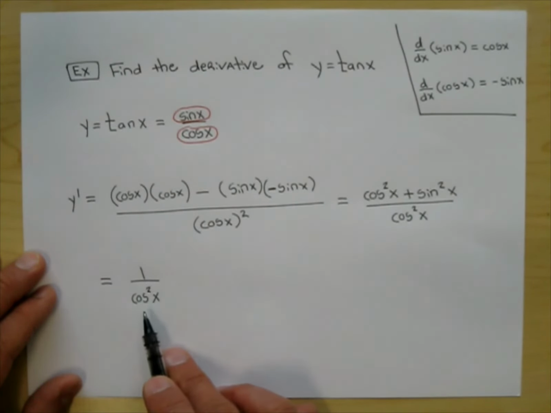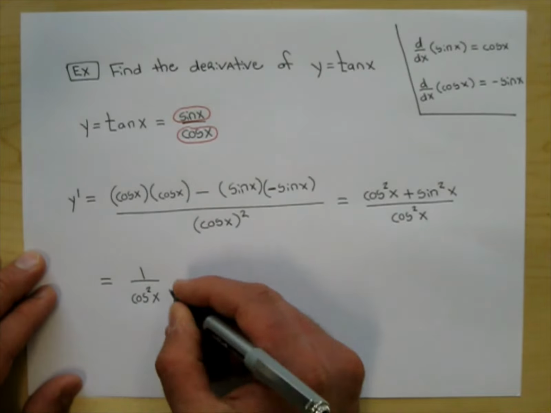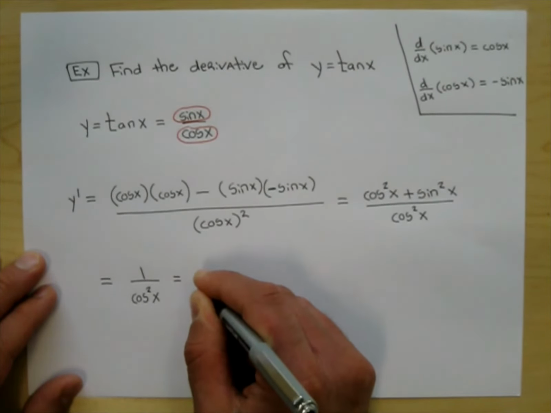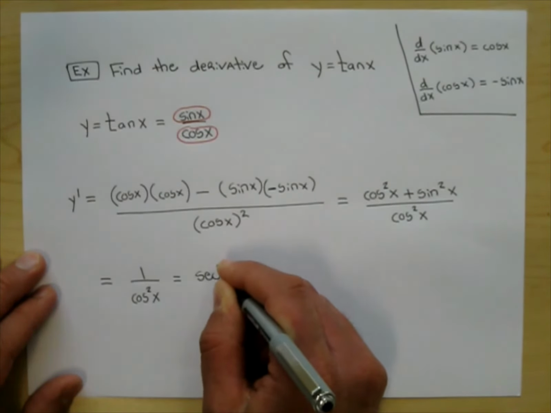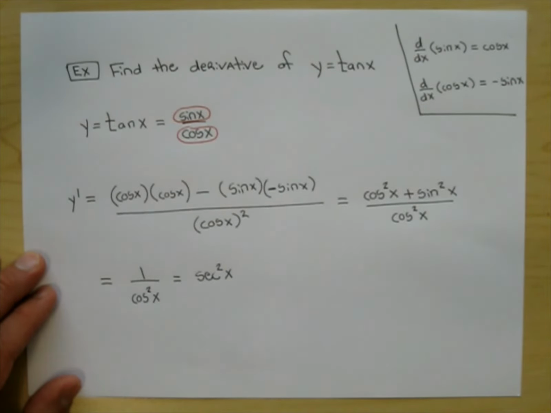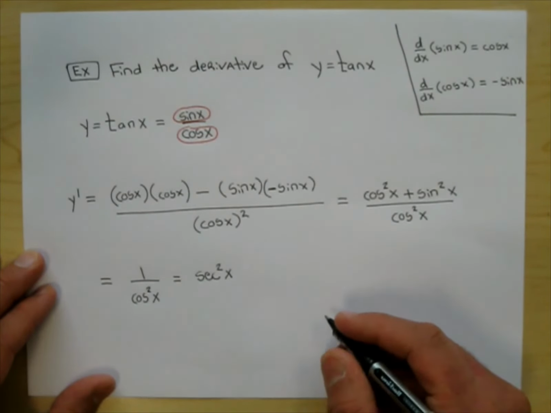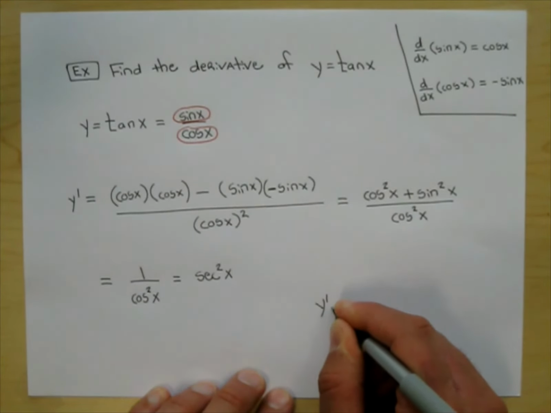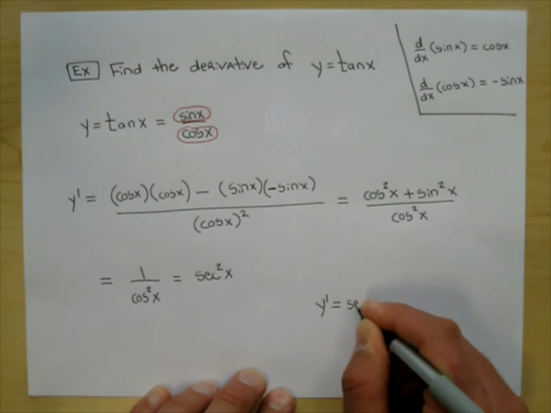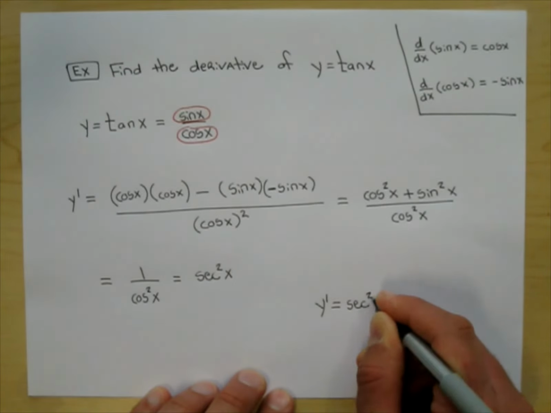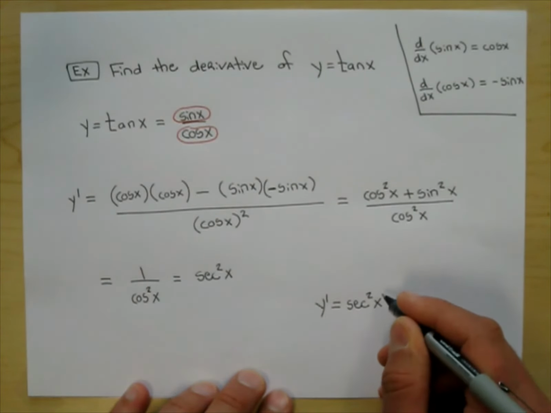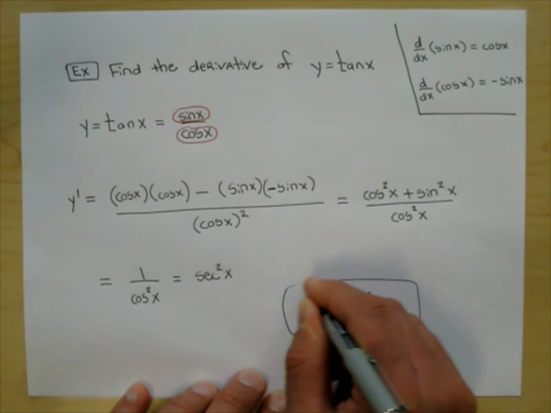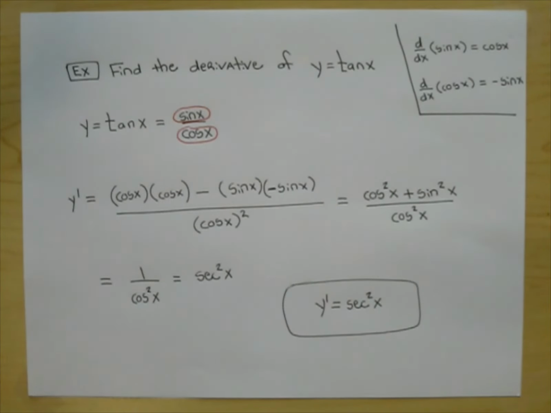So 1 over cosine squared is secant squared x. So it looks like the derivative, y prime, is the secant squared x. So we have that right there.